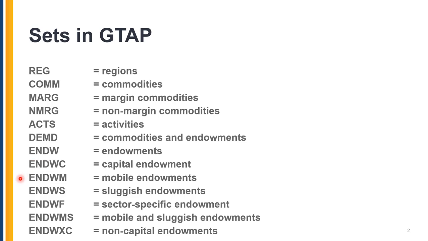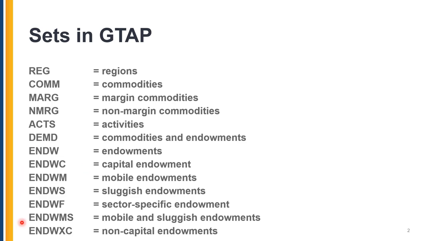And then of course we have some sets for the capital endowment, and then we even have sector-specific endowments. And so there's only one sector to supply to, and so the price determination can only be made between the supplier and demander. So a lot going on in the sets.